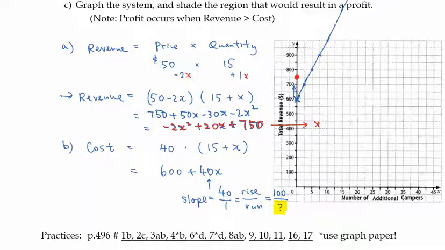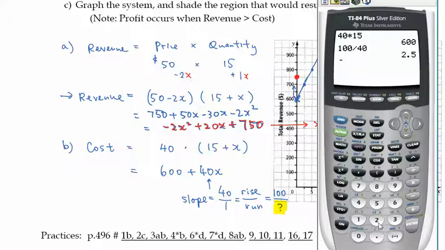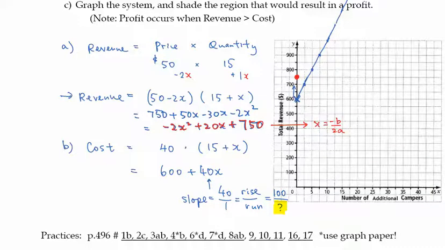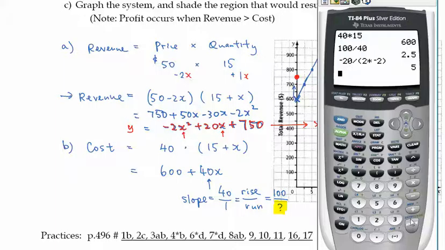I expect the x-coordinate of my vertex to be negative b divided by 2 times a, which is 5. We expect the x-coordinate of the vertex to be 5. And now when x equals 5, I can calculate the y-coordinate of the vertex.